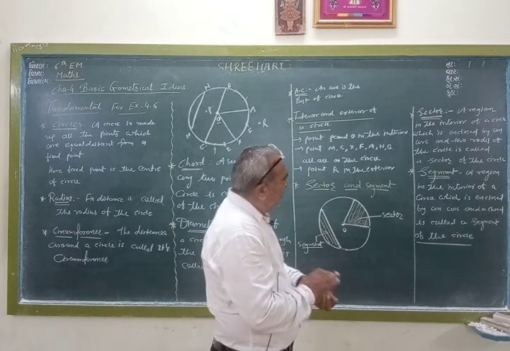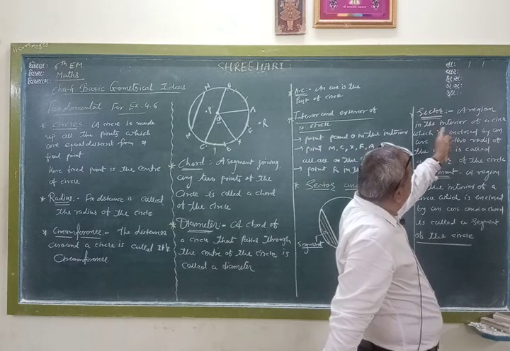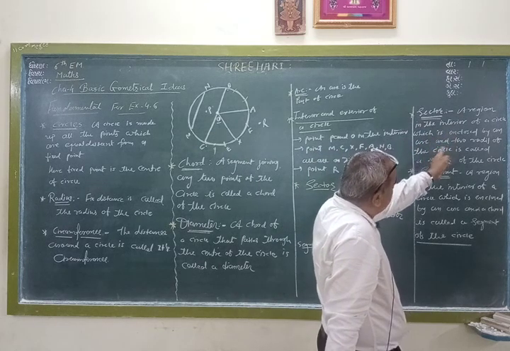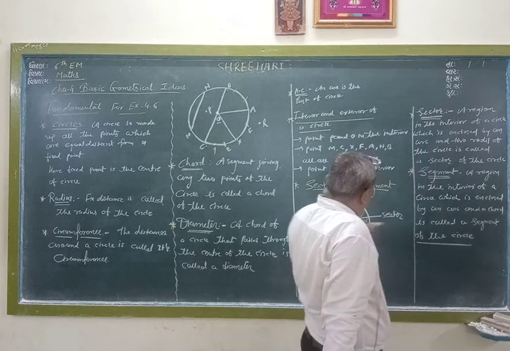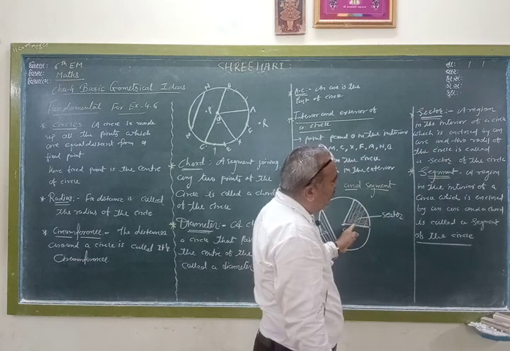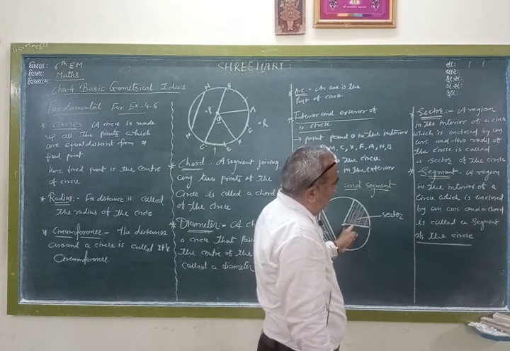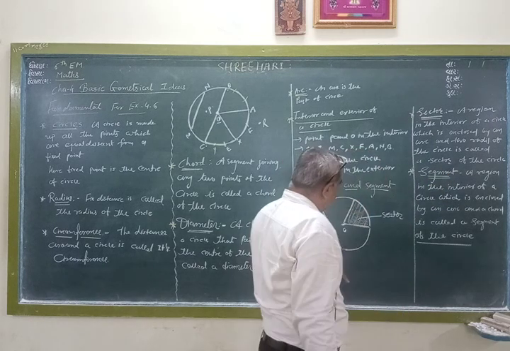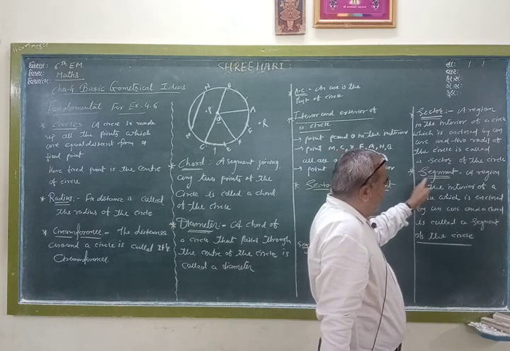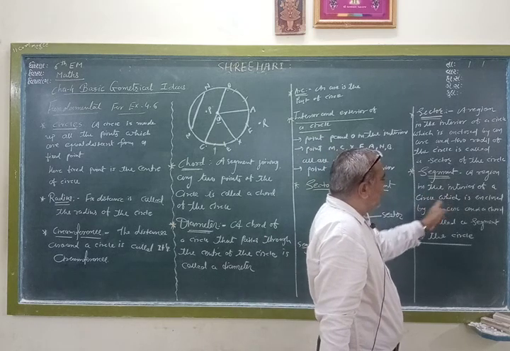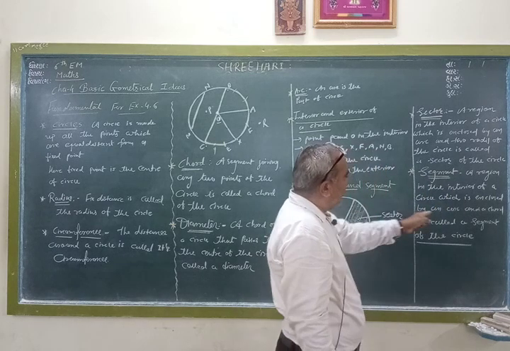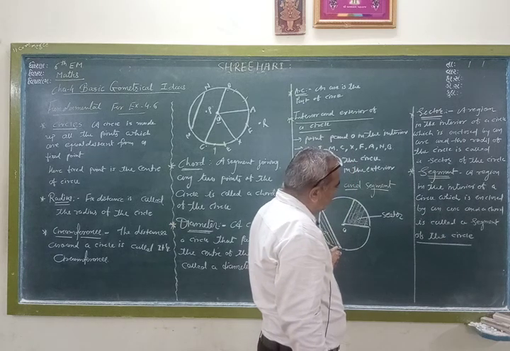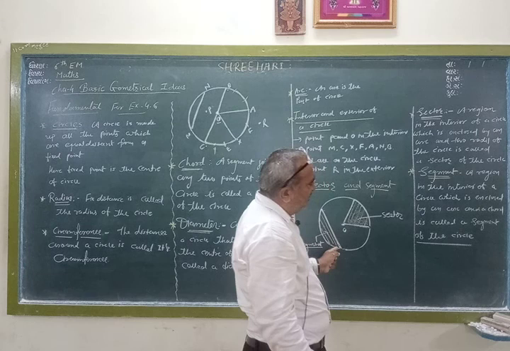Friends, here is a definition: a region in the interior of the circle which is enclosed by an arc and two radii of the circle is called a sector of the circle. Friends, segment: a region in the interior of a circle which is enclosed by an arc and a chord is called a segment of the circle.